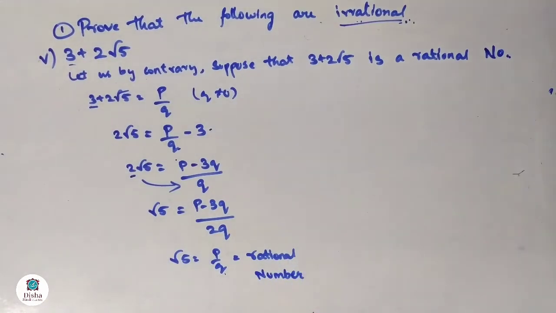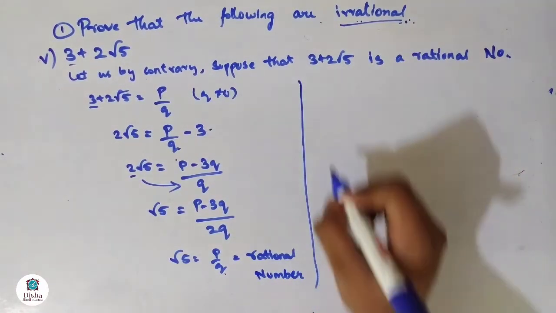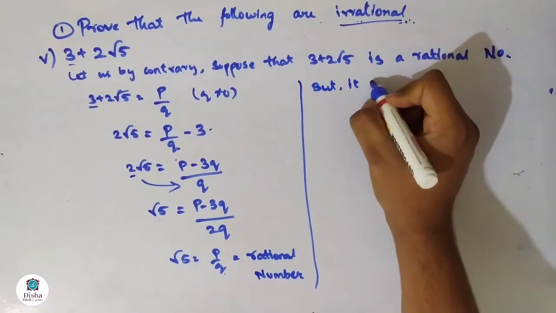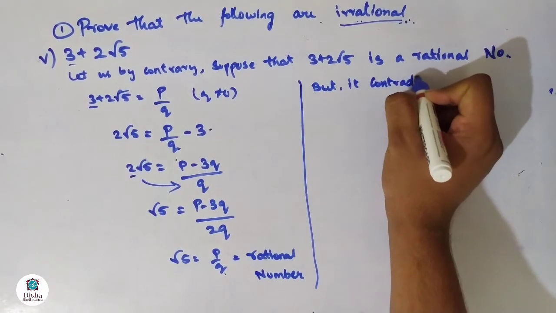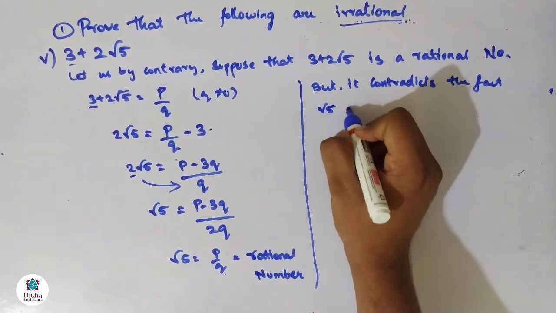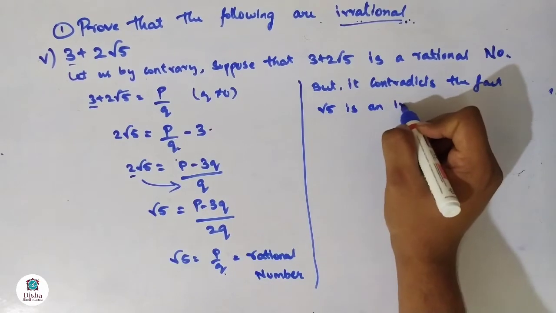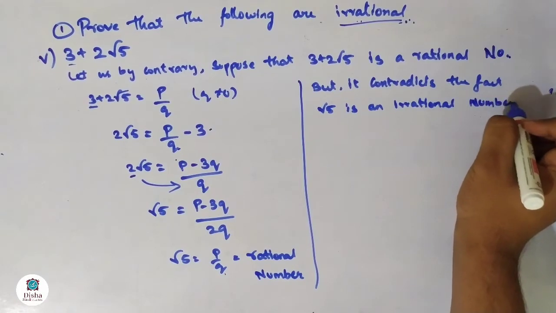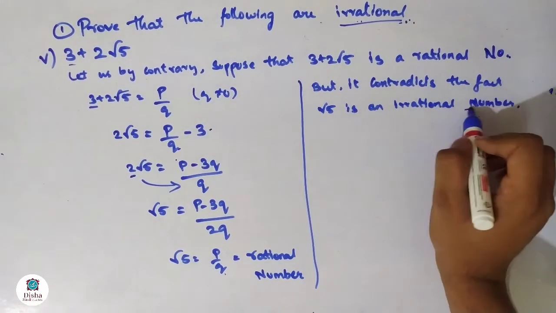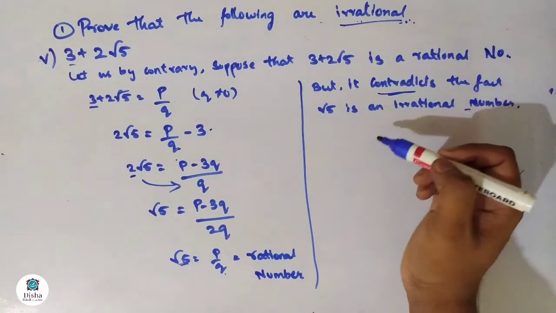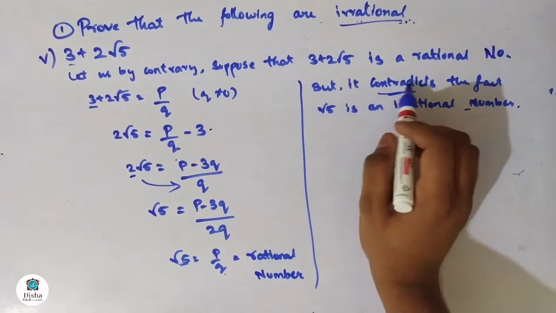But here I'll write, but it contradicts the fact that root 5 is an irrational number. The fact is that root 5 is an irrational number, but we have written that root 5 is a rational number. It is opposite to the fact. That's why we are writing, but it contradicts the fact.